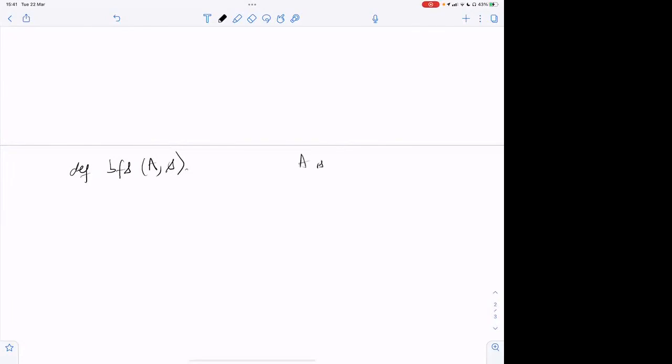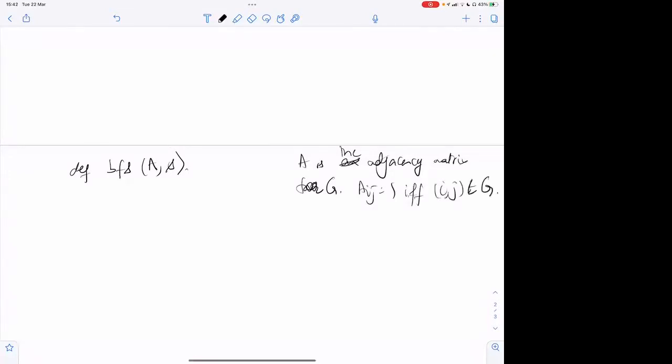A is the adjacency matrix for G, which means that A_ij is equal to 1 if and only if (i, j) belongs to E(G), where G is equal to (V, E). So it's a matrix, and is equal to 0 otherwise.